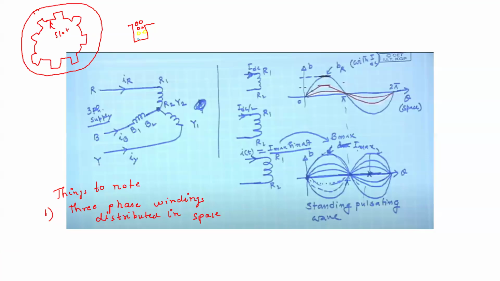How these R phase, Y phase, B phase are put over the whole stator, all the 360 degrees, the distribution of turns in the slots will be like a sinusoid.